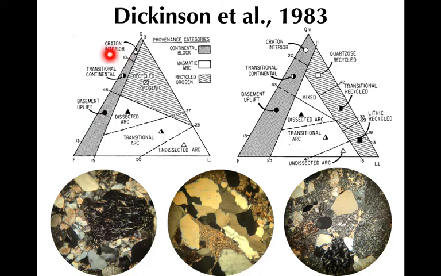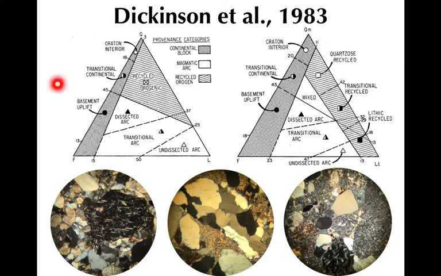Here's the craton interior field. And these provenance types are source types. Undissected arc, transitional arc, dissected arc. This would be a volcanic arc that still has its volcanic rocks. This would be one that's eroded more deeply into the continental crust or other crust beneath it. The recycled orogenic field basically refers to sediment that's been recycled from older sedimentary rocks, and so forth.